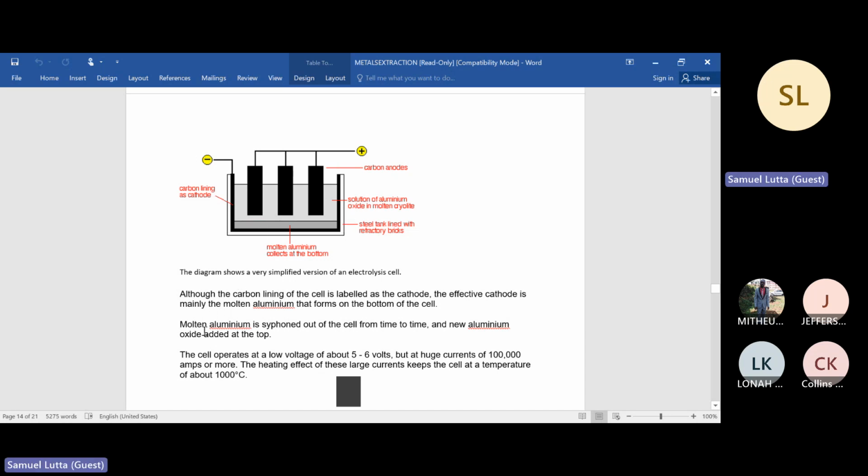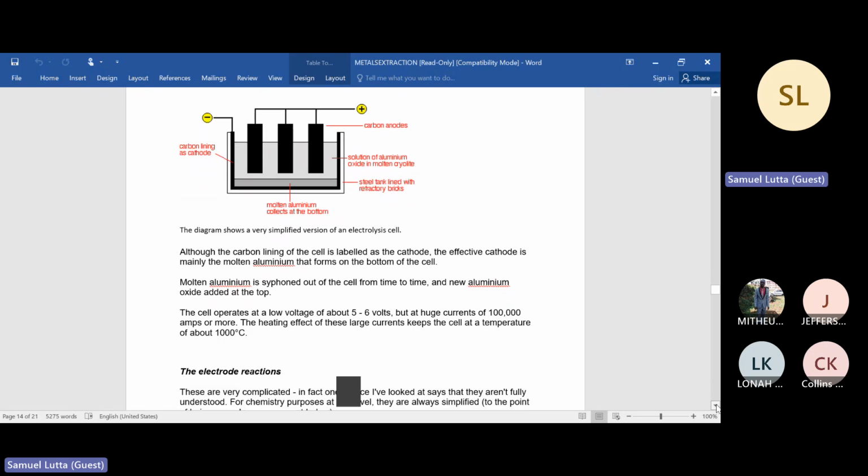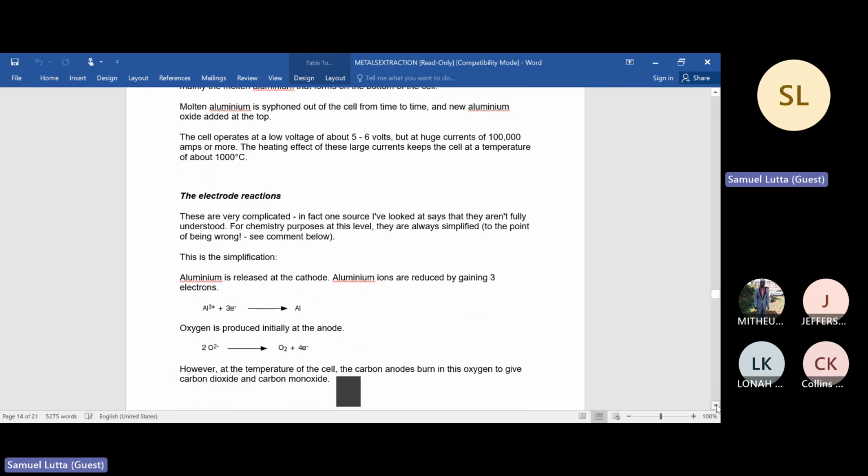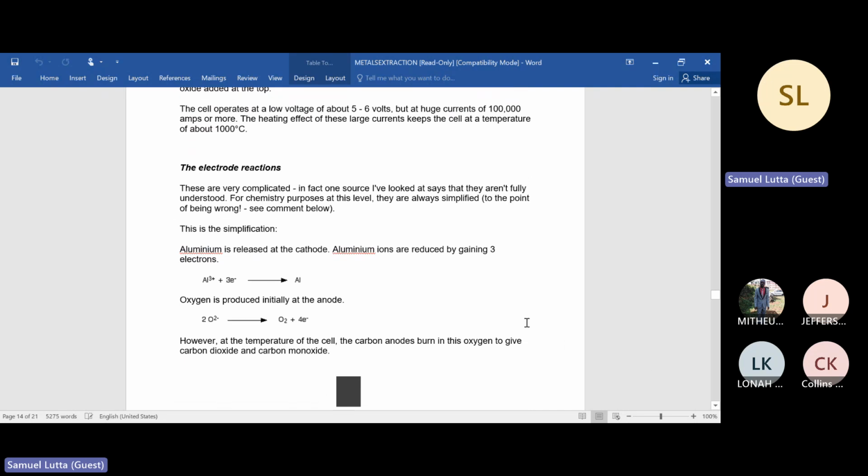So I think the process is shown here. Molten aluminum will normally be gotten out of this through a tap. So aluminum forms here. So how does it form? You have to understand the process of electrolysis.